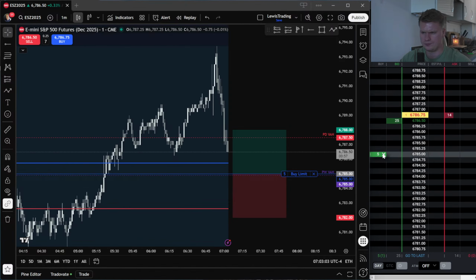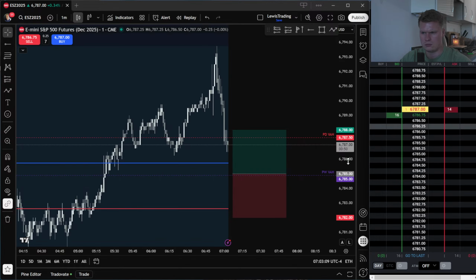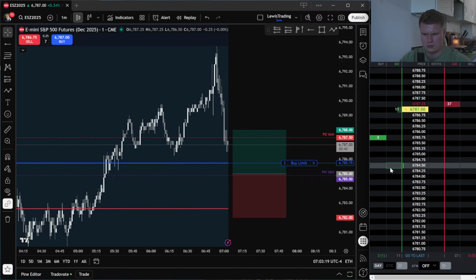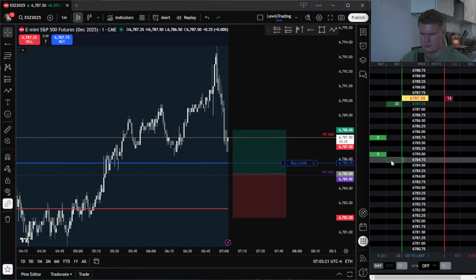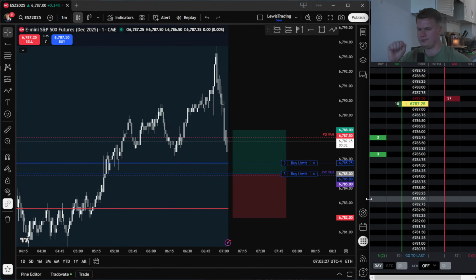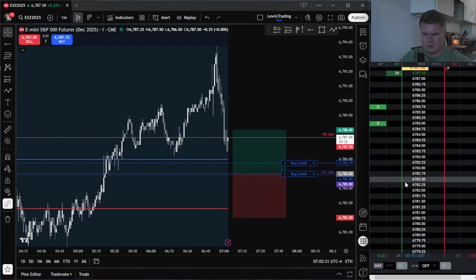Or what I might do is actually lower that down. We'll get a fill at value area high 8575, and we'll have another fill down there, same size, 782.